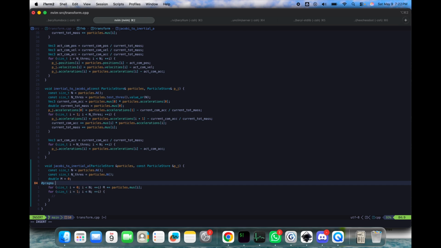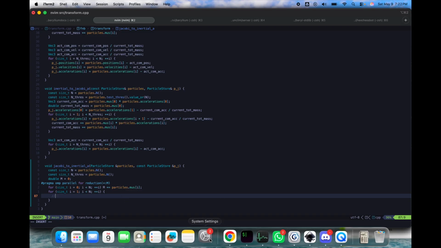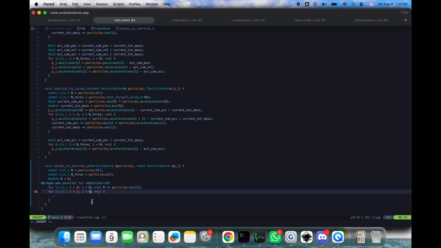Pragma omp parallel for. For size_t i equals n minus 1, and now we have i minus minus is greater than 0.